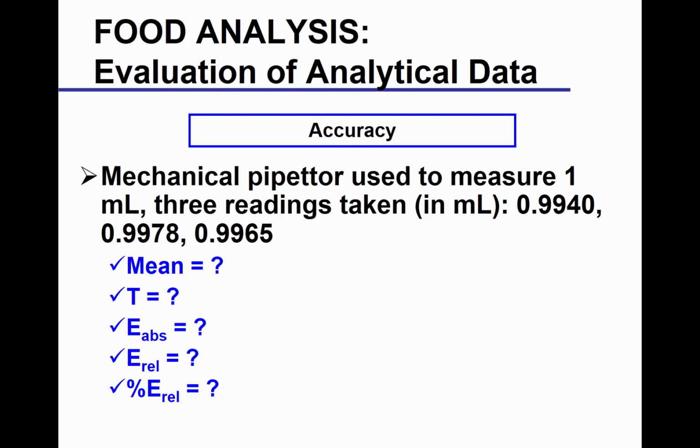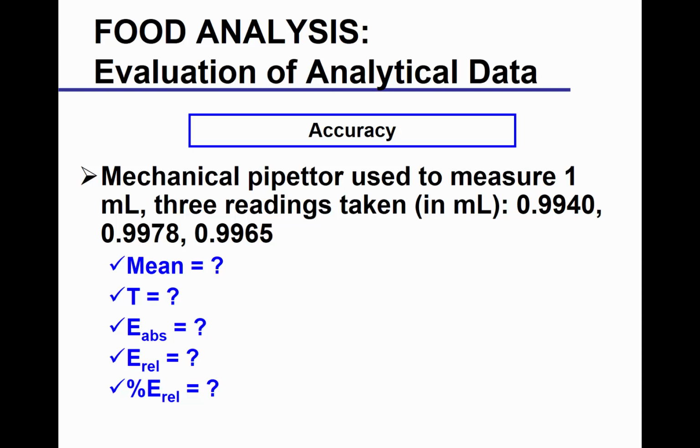Okay, bring out that piece of paper you started last time, and let's do an exercise. Do some calculations, which you will be doing a lot of next week in lab. In lab, you will be using mechanical pipettes. Some of you already know how to use a mechanical pipette, others will get practice doing that.